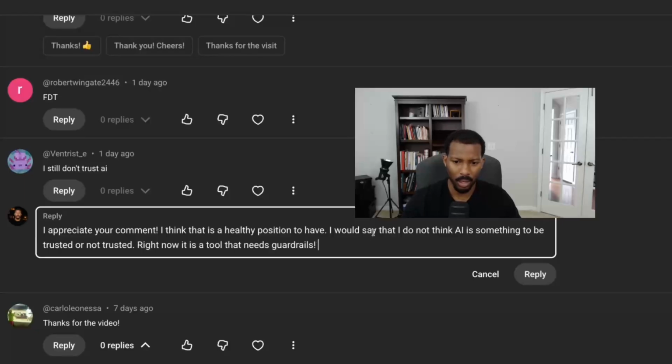I would say, though, that I do not think AI is something to be trusted or not trusted. Right now, it is a tool that needs guardrails.